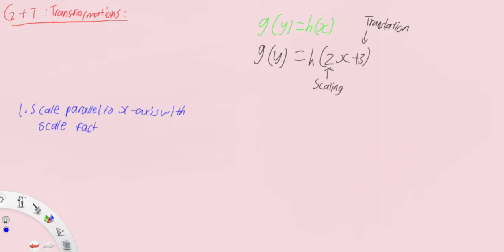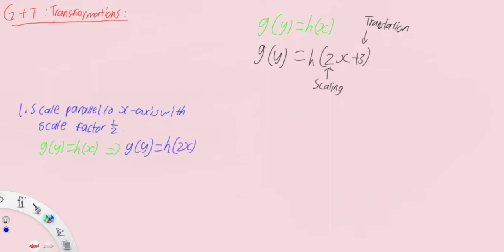Don't forget, your scale factor is 1 over k. In this case it is half, because now you just need half of your x value to get the same. So what happens is this: we had gy equals hx. Now after our first transformation, it becomes gy equals h2x.